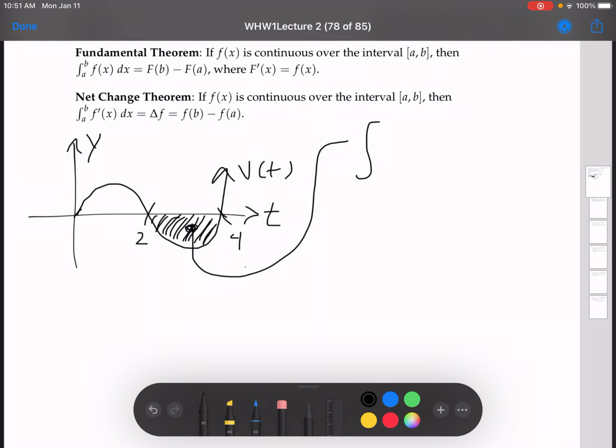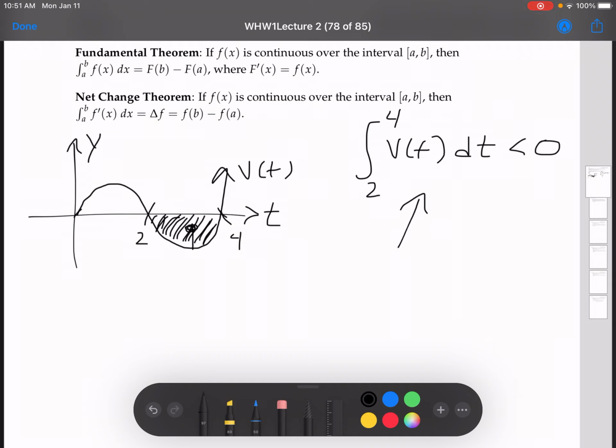So from 2 to 4, the integral of v of t dt, this number is going to be negative. Remember, this is the total area that I'm shading in right here, but it also has a negative.